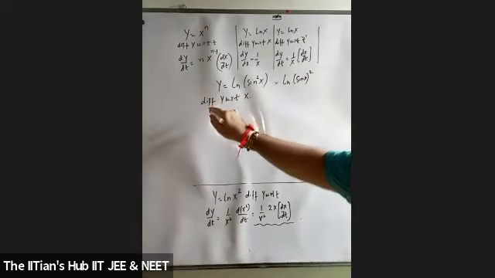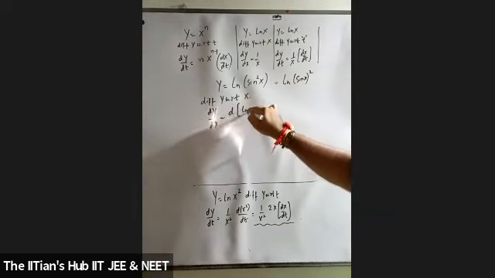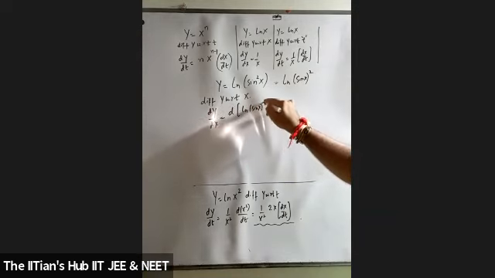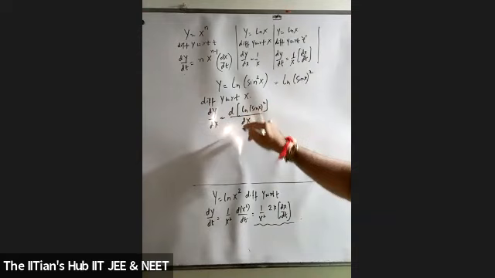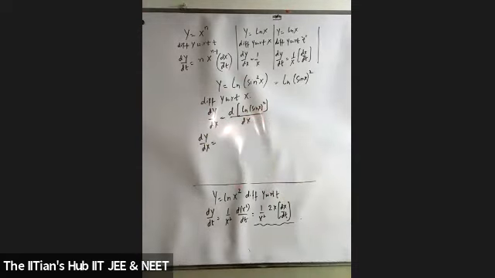Sir, it will be dy by dx is equal to the derivative of ln sine square x. So dy by dx will be equal to differentiating ln, d ln of sine square x by d sine square x, into d sine square x by d sine x, into d sine x by dx.